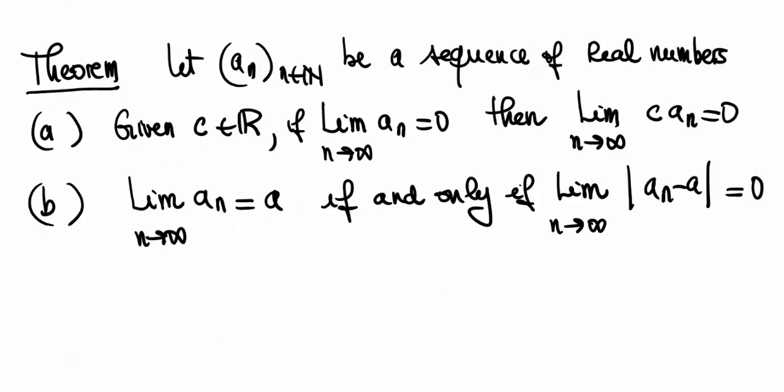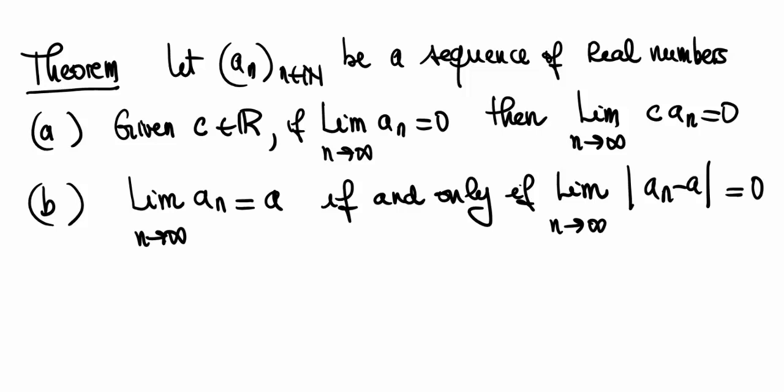Our next result says the following. Suppose you have a sequence of real numbers, An, and let c be any real number. Then if An converges to 0, then c times An will converge to 0 as well. The second result says that if the limit of An is a, which is a real number, then this is true if and only if the limit of the absolute value of An minus a converges to 0 as well.